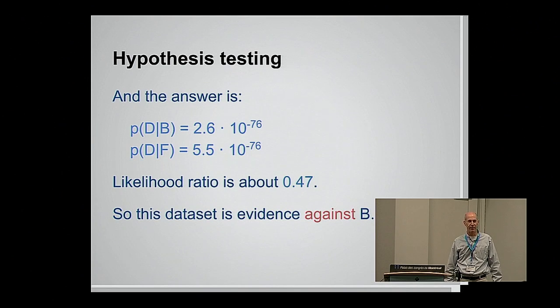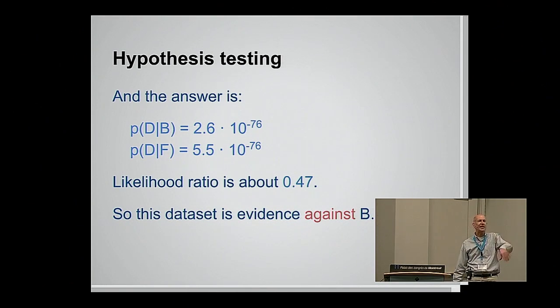These data are in favor of the hypothesis that the coin is fair, which is a little bit surprising. 140 heads and only 110 tails is pretty lopsided, but nevertheless, the fair hypothesis does pretty well, at least when we compare it to a stupid definition of B. Okay, so we kind of stacked the deck here a little bit by choosing a not very good definition of B. And that's what I want you guys to do next, is pick a better definition of B and plug it into euro2.py, and let's see what that ratio comes out to.